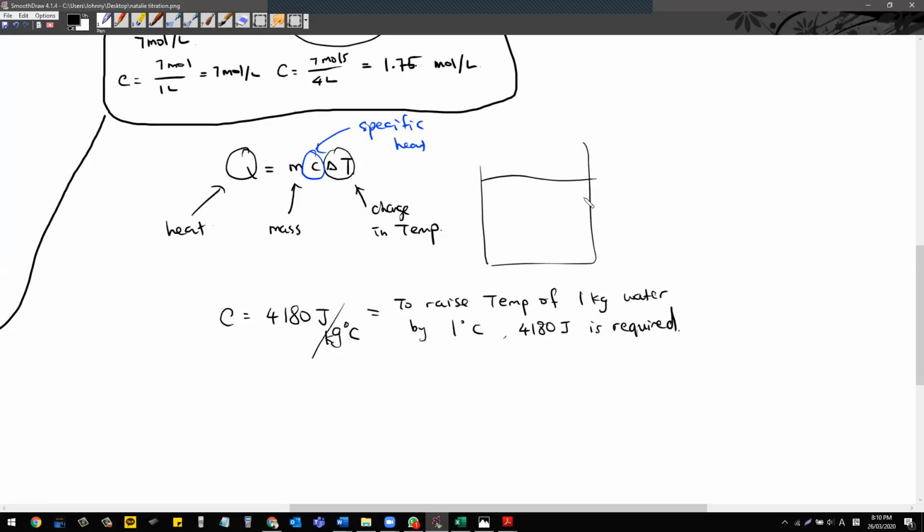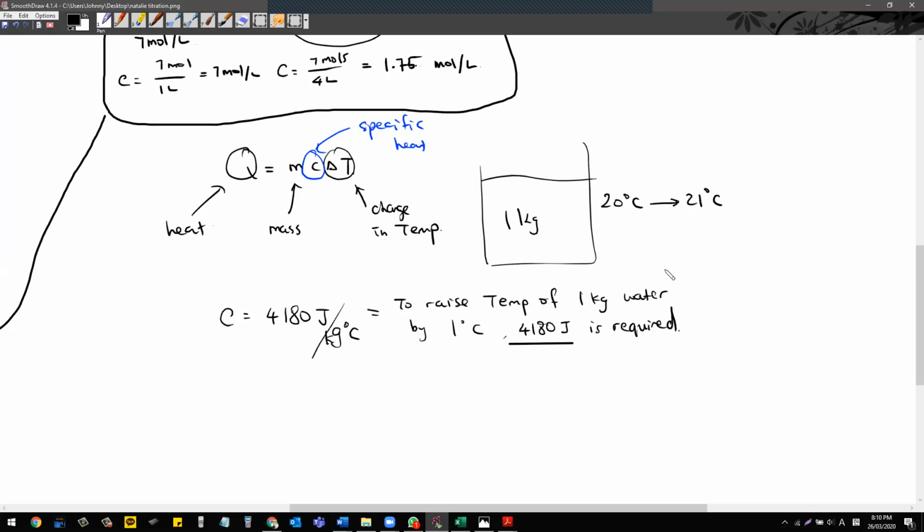Okay, so if you have a kilogram of water, let's say that's 20 degrees Celsius, in order to raise this one to 21 degrees Celsius, then you need that much energy. That's what is known as the specific heat.